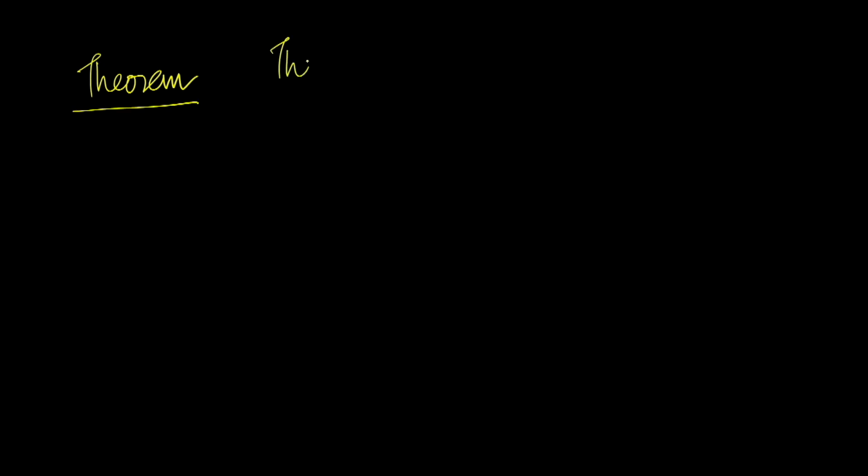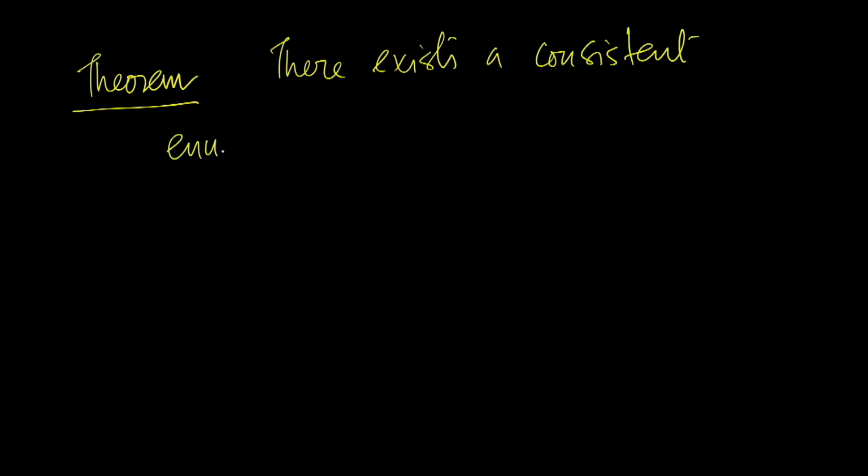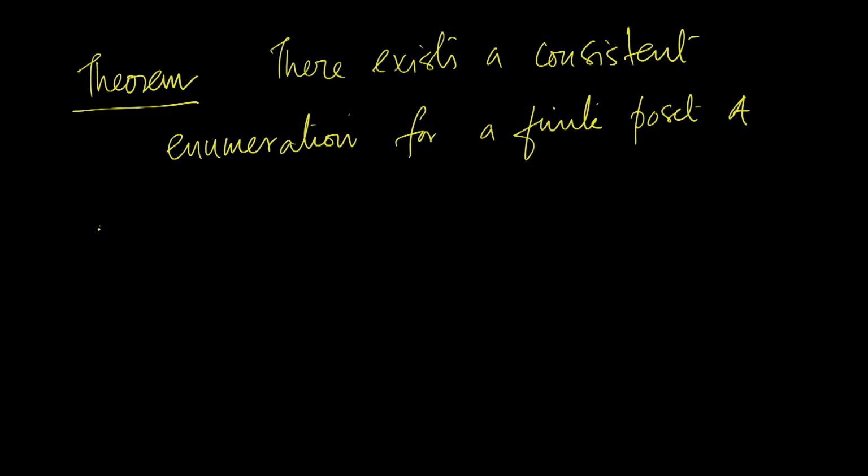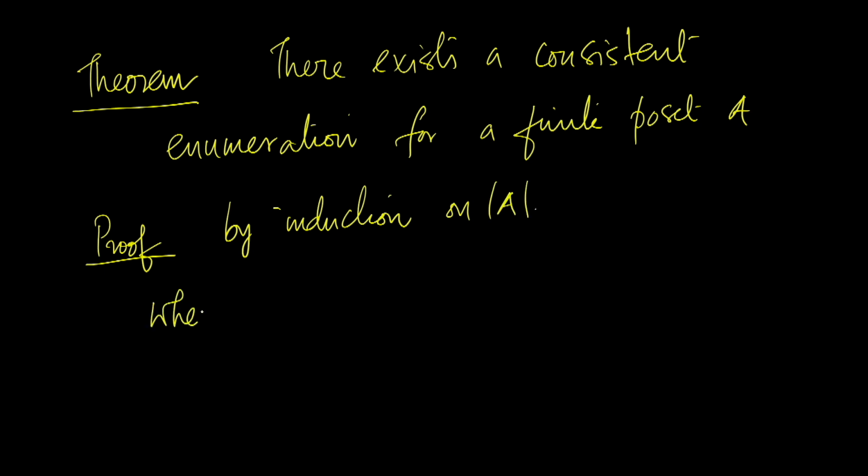So, here we have a theorem which says that there exists a consistent enumeration for any finite poset A. The proof of this theorem is by induction on the size of A. When A is a singleton, we will define f thus, f of A equal to 1, and there is only one element here.